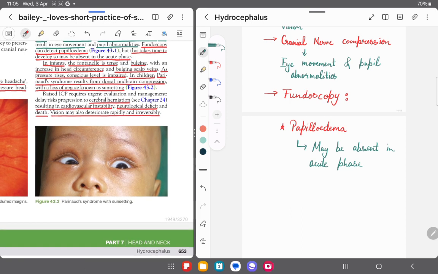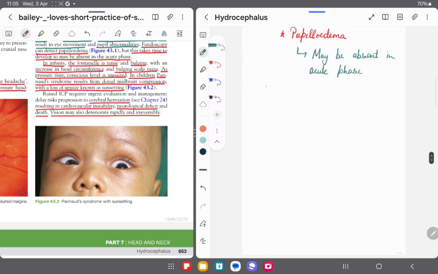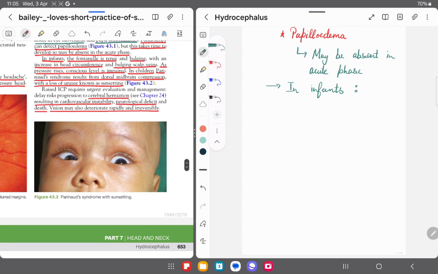So for two groups of people, first infants. In infants, we find that the fontanelle is tense and bulging.